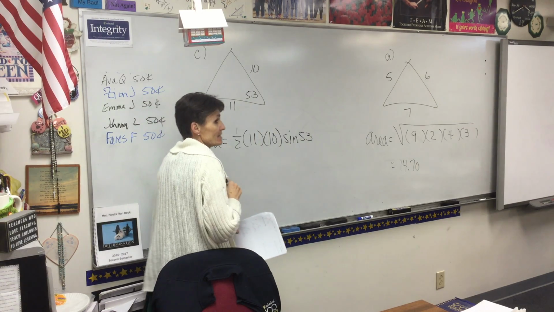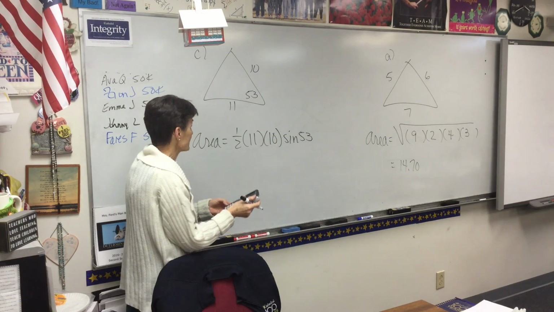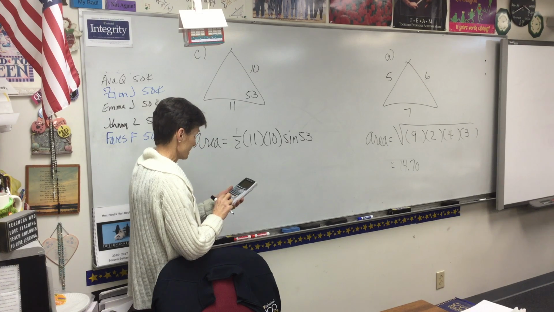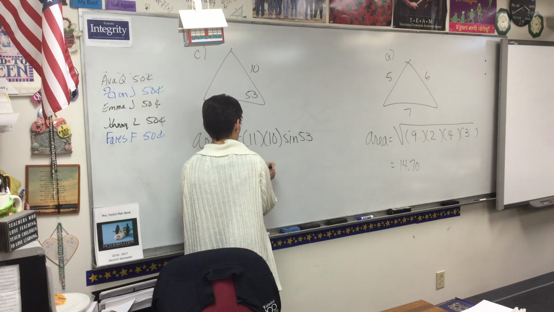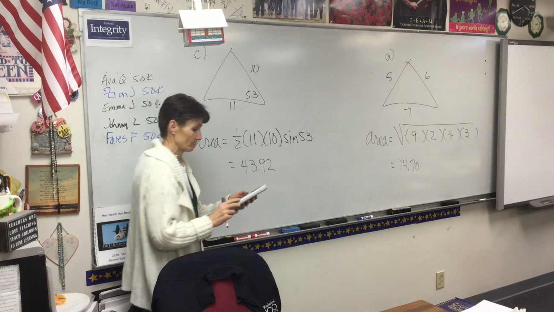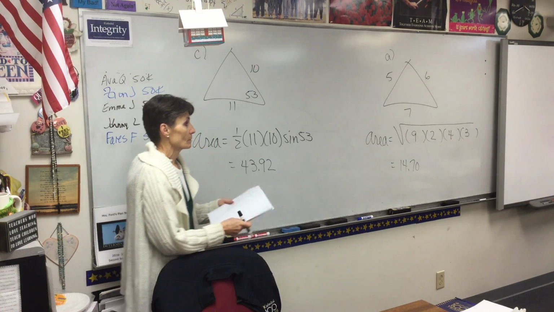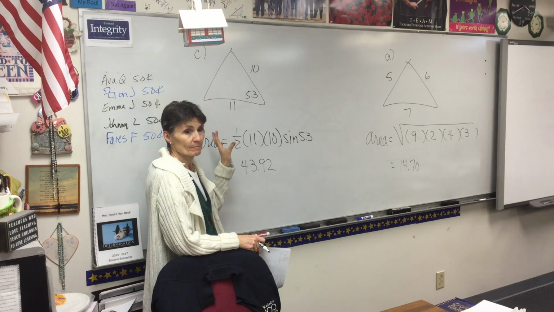This is problem C. It takes us longer to write it down than to do the problem. 0.5 times 11 times 10 times sine 53. I got 43.92. So everybody good with A and C?